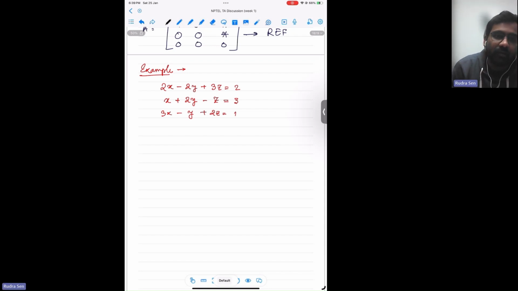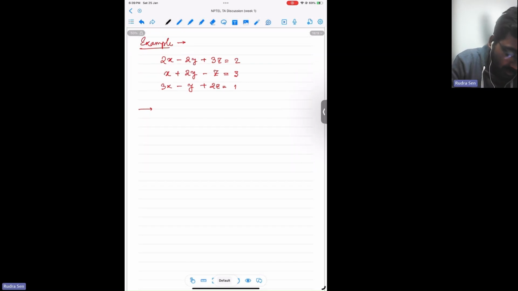And we have to solve this system of equations using the Gauss elimination method. So what we have to do, we have to make it in Ax equals b format, right?